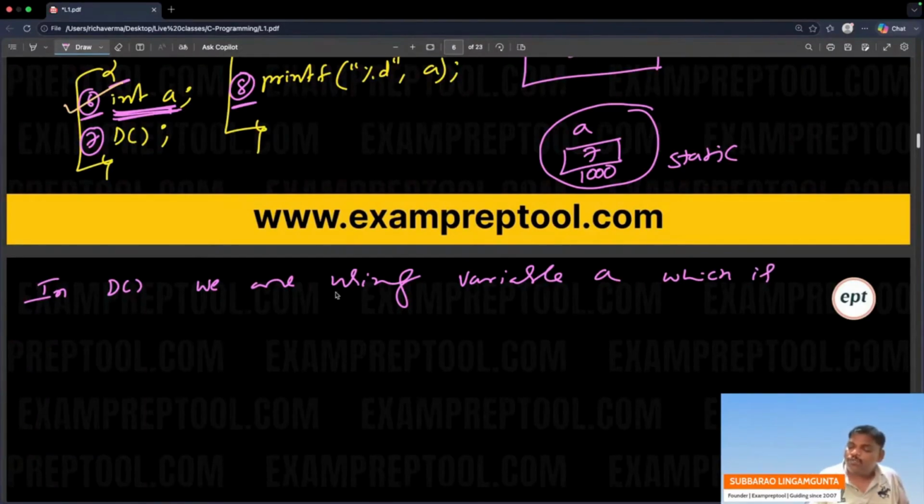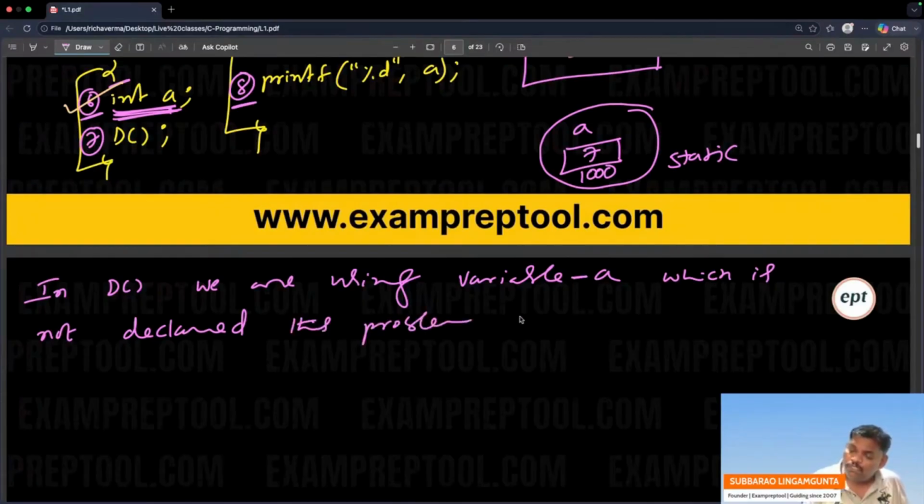In D function, we are using variable A, which is not declared. So this problem is called scope problem.